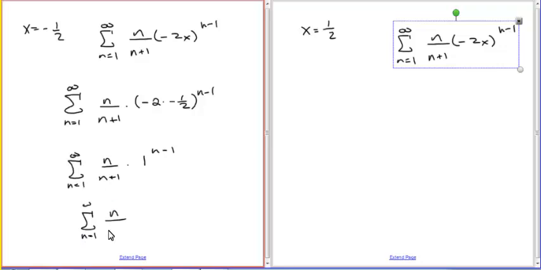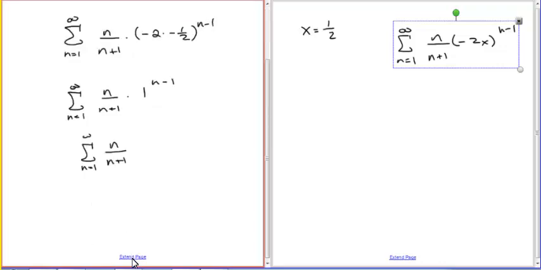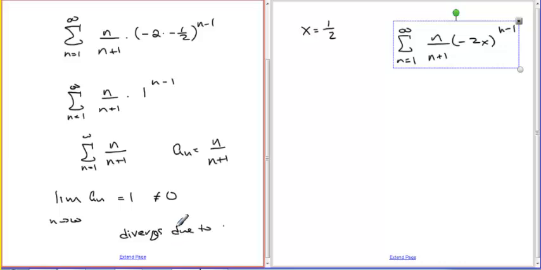Well, just the nth term, if we take the limit of a sub n, the expression here, as n goes to infinity, that's going to equal 1, because this term will become insignificant. So you get 1, which does not equal 0, so it diverges due to the nth term test. So we know negative 1/2 doesn't work.